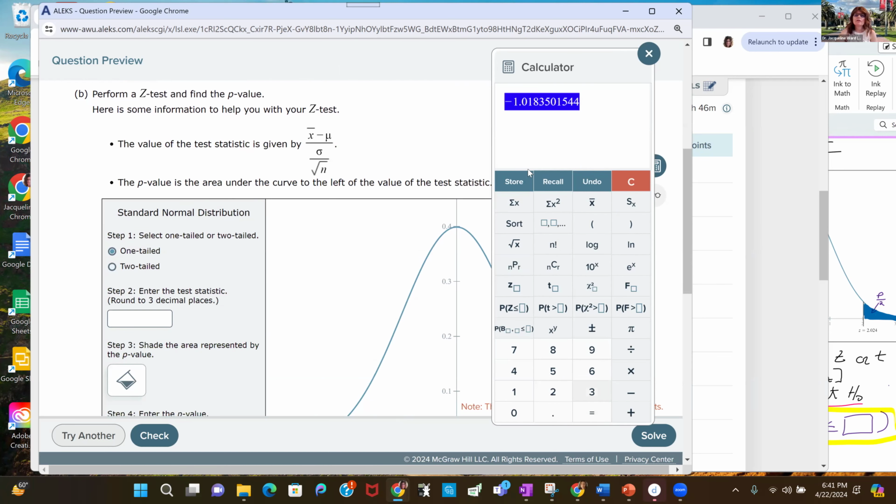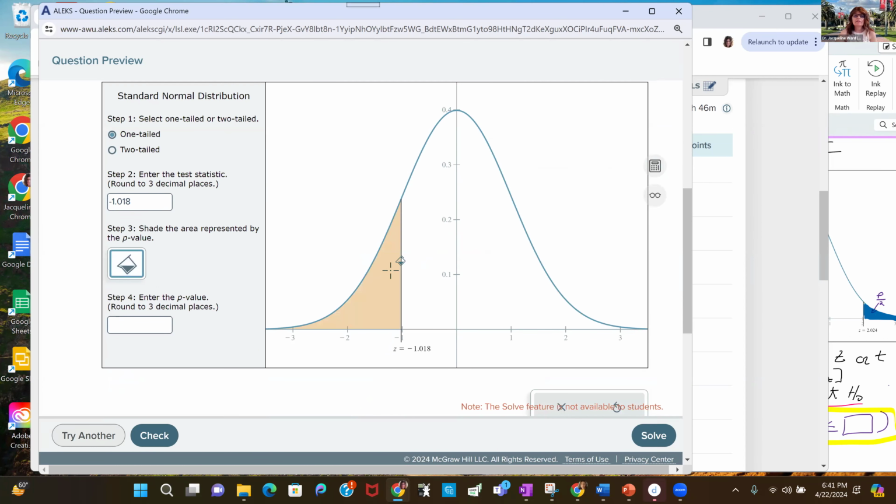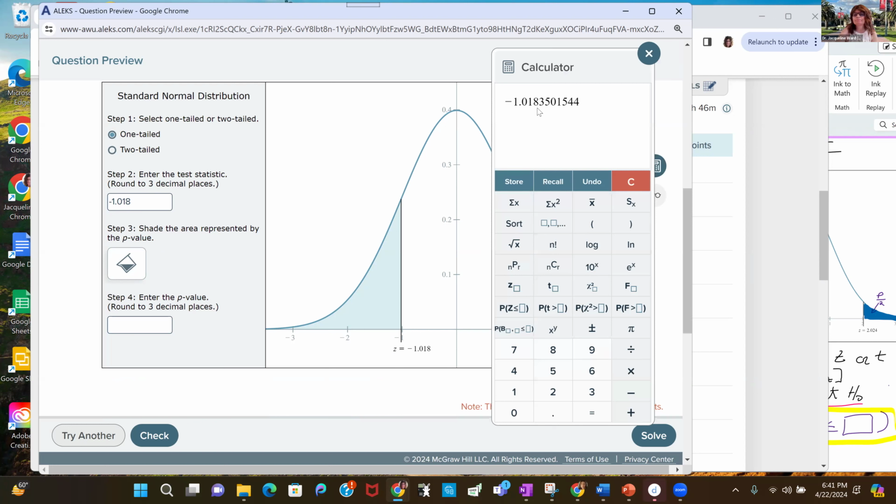So that's the test statistic, to 3 places. And now we're going to shade the area represented by the p-value. This now is the area to the left of that z-score. This button gives us the area to the left of the z-score.